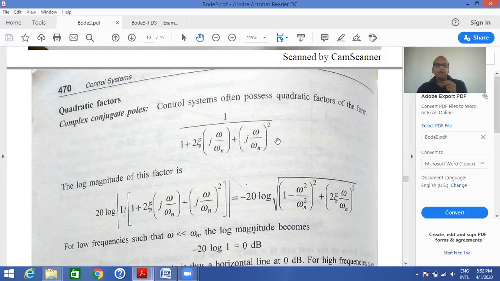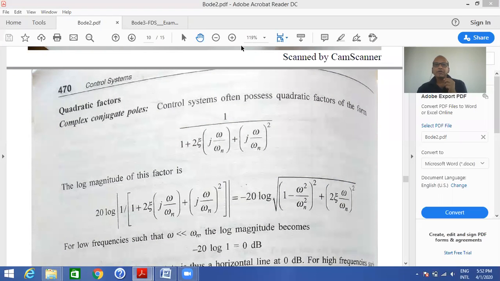Are you aware of the characteristic equation of the standard form of the second order system? That is s square plus twice zeta omega n s plus omega n square.